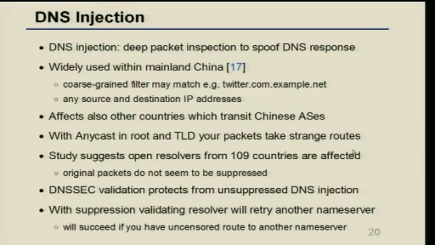However, the current method that is being used in mainland China is very coarse-grained. So, for example, when you query for that name, the filter might apply, so you may get a spoofed DNS response. And also, it doesn't care about source addresses and destination IP addresses. So you query for a blocked domain name, there is some deep packet inspection running on a router, and you get a spoofed DNS response.